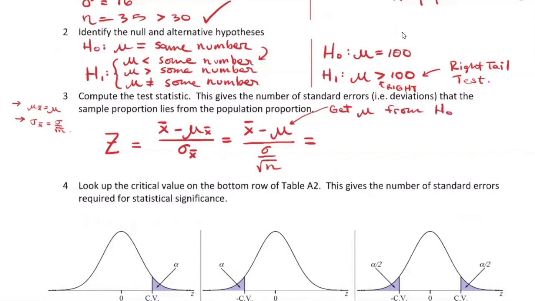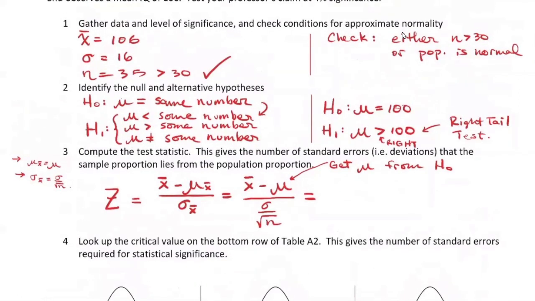So the sample mean was 106. We assume the population mean is 100. That's what it is for everyone else, so that's kind of a status quo assumption. Sigma was 16, and then you divide by the square root of n, which is 35.